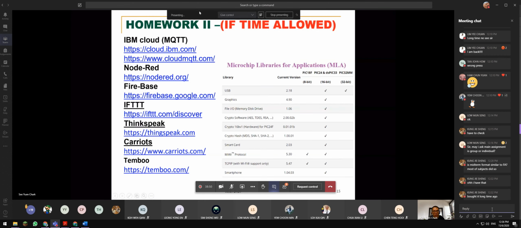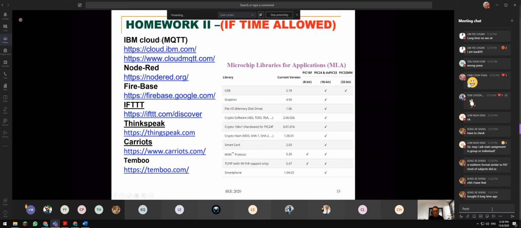Why is it not moving? Okay. So if we have enough time, we might look into the IBM Cloud MQTT. But again, only if time allows, because there are a lot of things in this subject. And then we look into Node-RED. Node-RED is flowchart-based programming. It is very easy.